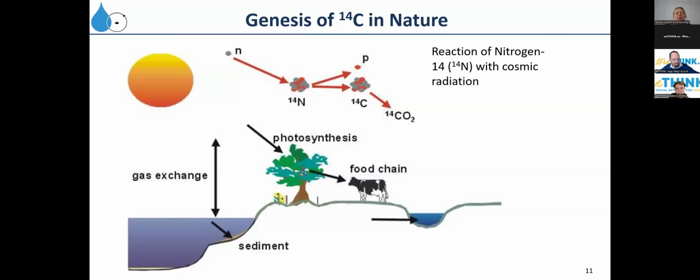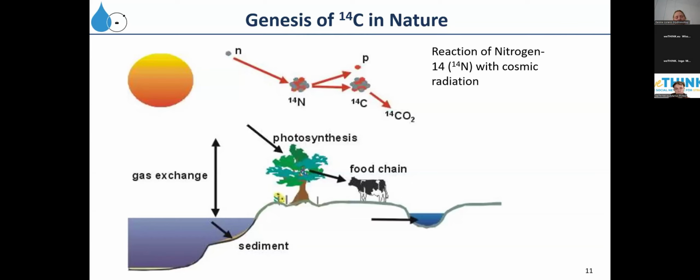As all animals and we ourselves, of course, eat plants, all the carbon isotopes in our bodies are of 100% modern carbon. It might be different if you eat an old mammoth, but that's something different.